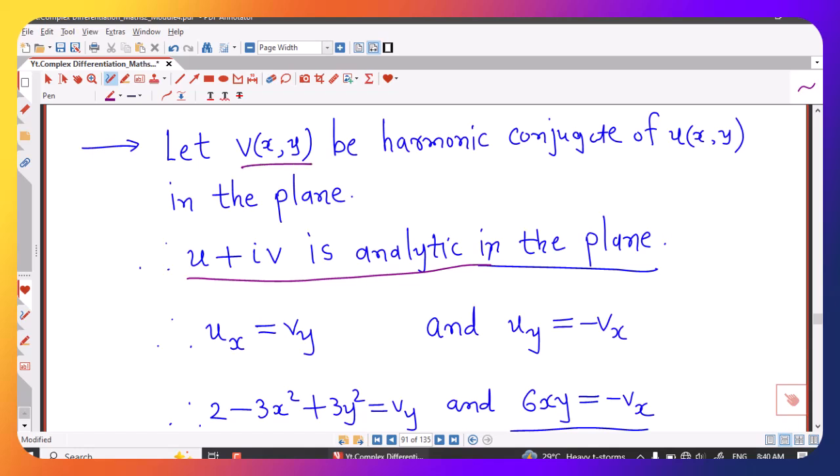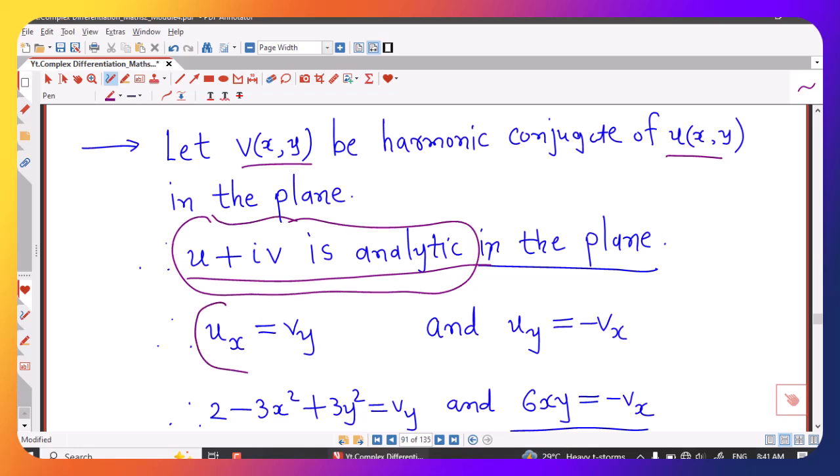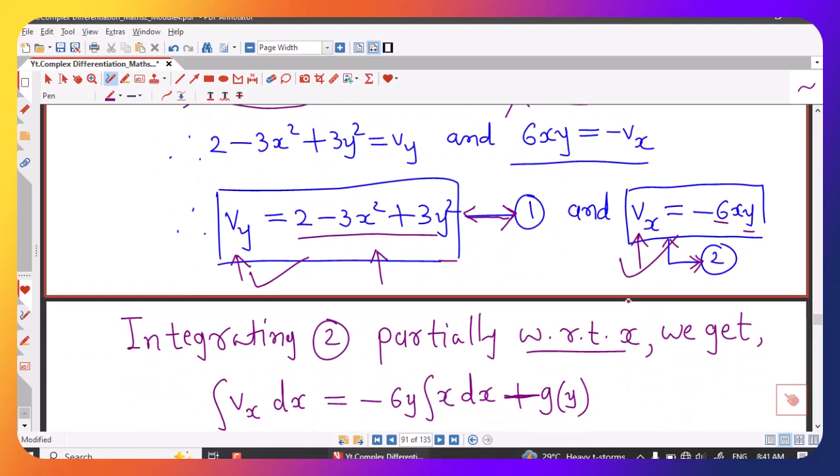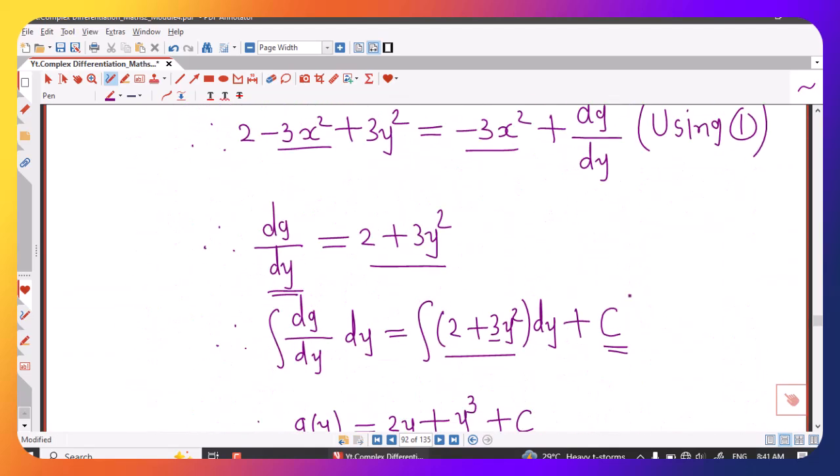We know that V is the harmonic conjugate of u if u plus iv is analytic, and if u plus iv is analytic, we have Cauchy-Riemann equations, and we are given function u, so we can obtain partial derivatives of function u, and we will obtain partial derivatives of the harmonic conjugate, and by integrating either equation 1 or 2 we are able to obtain the required harmonic conjugate.